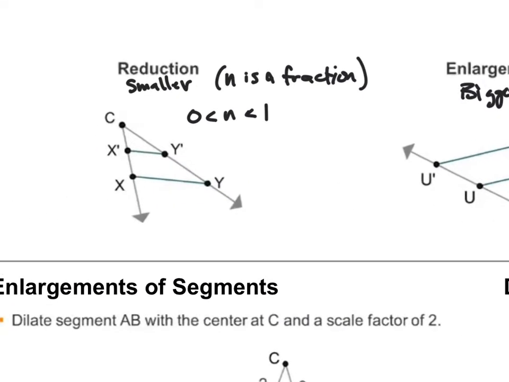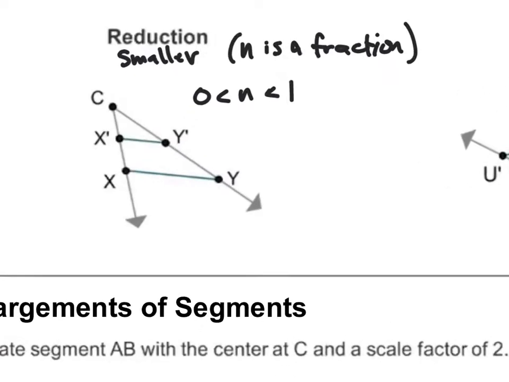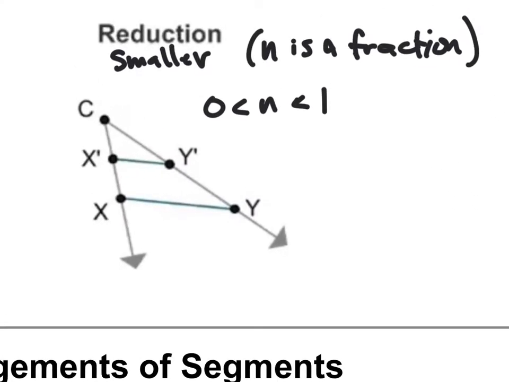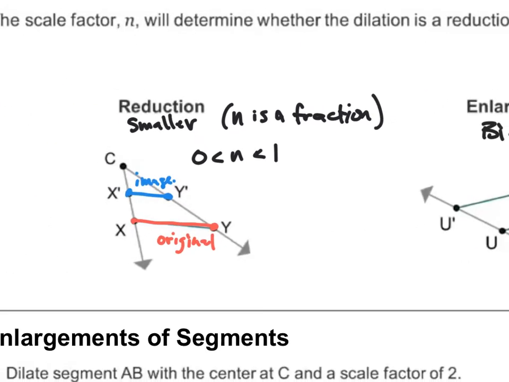You can tell here that the line XY is your original, your OG. And this line X prime Y prime, after you've dilated it about point C, is your image. Same thing over here. Look how, because your scale factor is a reduction, your image got smaller.